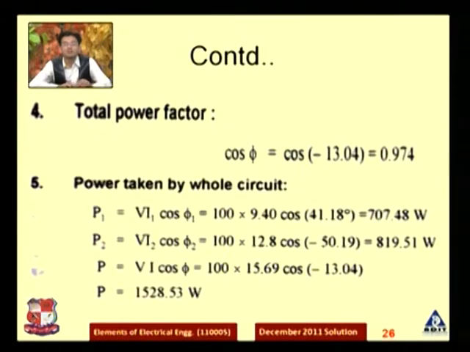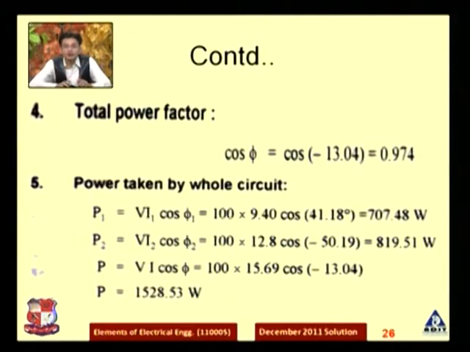Now, the power taken by the whole circuit. If you want to find it, first of all you should know the value of P1 and the value of P2. P1 you can find by the formula P is equal to V I1 cos phi 1, or V I cos phi. The value of I is the only thing that differs; the voltage will remain the same, right, because it is a parallel circuit.